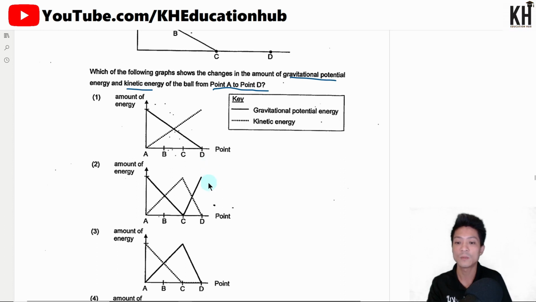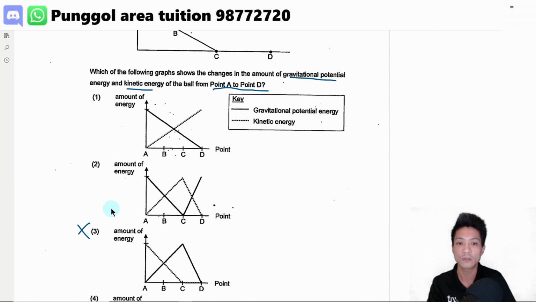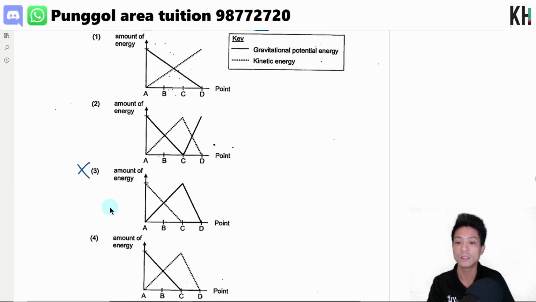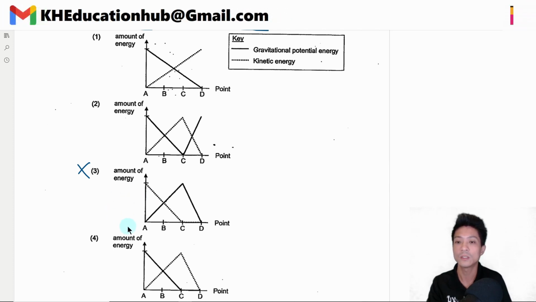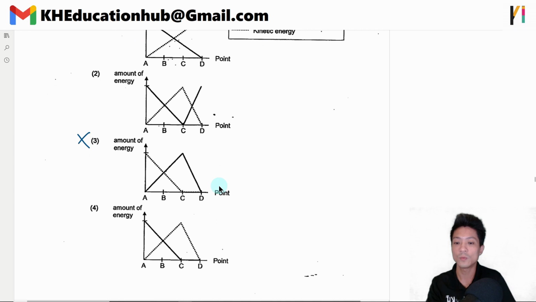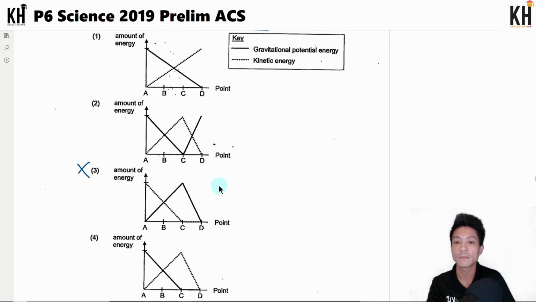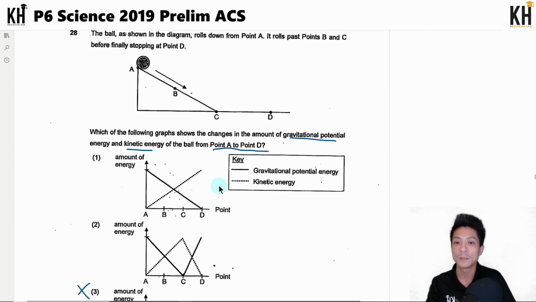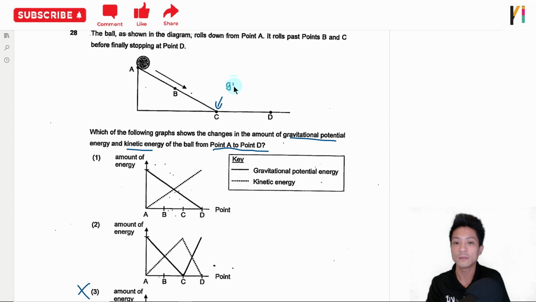Okay, so I will just start to eliminate first. Number 3 is definitely out because it shows that the gravitational potential energy is increasing. And kinetic energy will increase. So kinetic energy, they are all increasing. Okay, so we got to look at part C, because it's already on the ground, right?